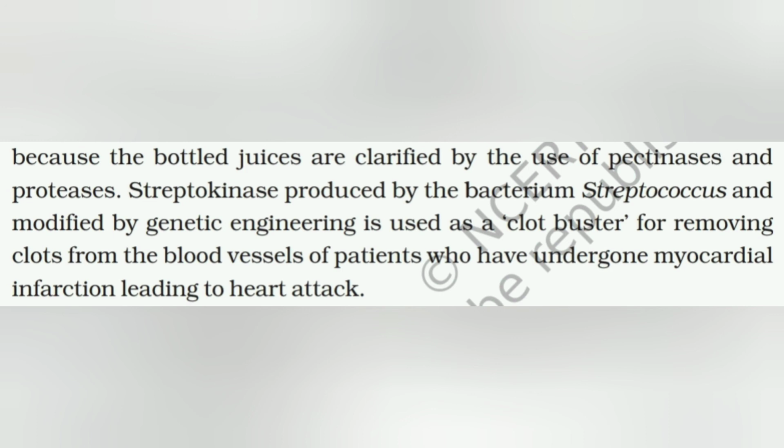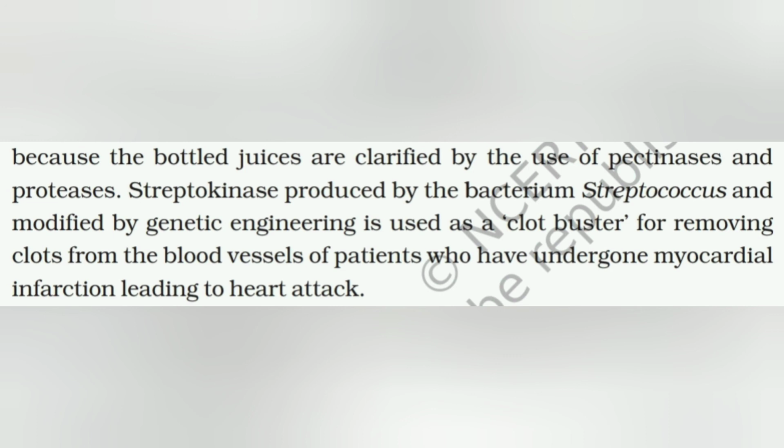Streptokinase produced by the bacterium Streptococcus and modified by genetic engineering is used as a clot buster for removing clots from the blood vessels of patients who have undergone myocardial infarction leading to a heart attack.